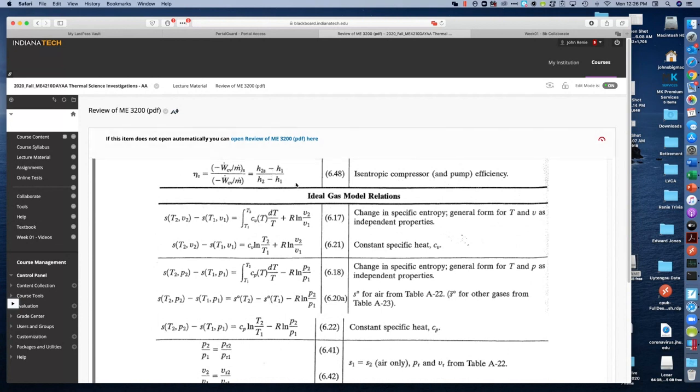So the difference between a turbine and a compressor or a pump is that the efficiency is the isentropic over the actual, as opposed to the actual over the isentropic.